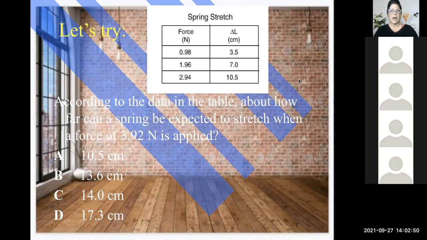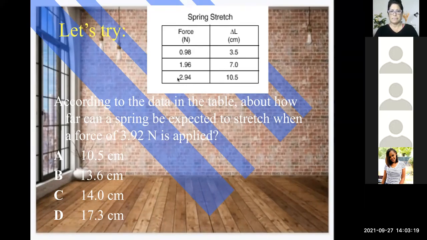All right, so according to the data in the table, about how far can a spring be expected to stretch when a force of 3.92 newtons is applied? So we can look at this, right? Let's look at it. So we can look at our forces right here, right?